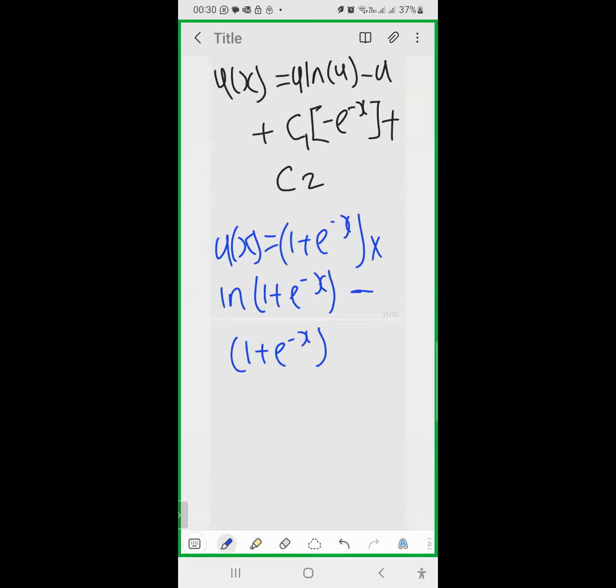Then this is minus c1 e to the power minus x plus c2, right? So this is u of x.